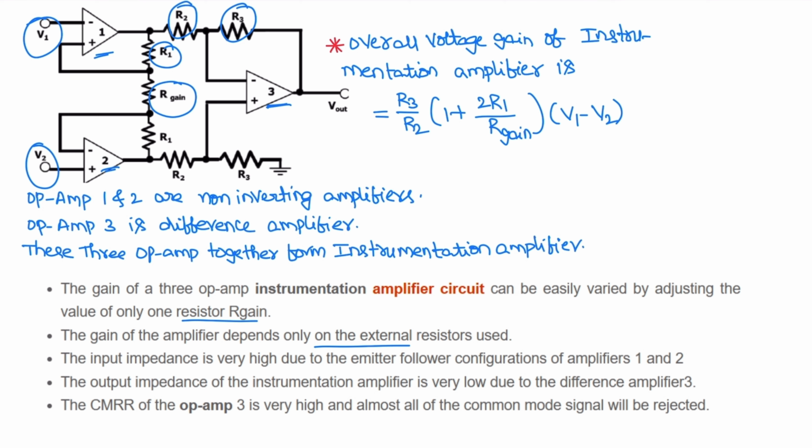The gain of the three op amp instrumentation amplifier circuit depends on resistor values. So here the voltage gain Vout depends on RG. That means the gain of the amplifier depends on external resistors.